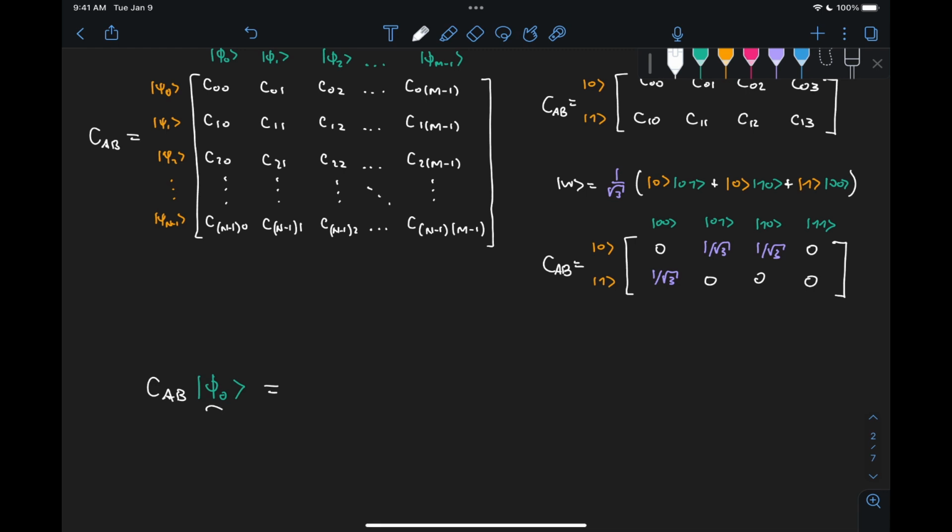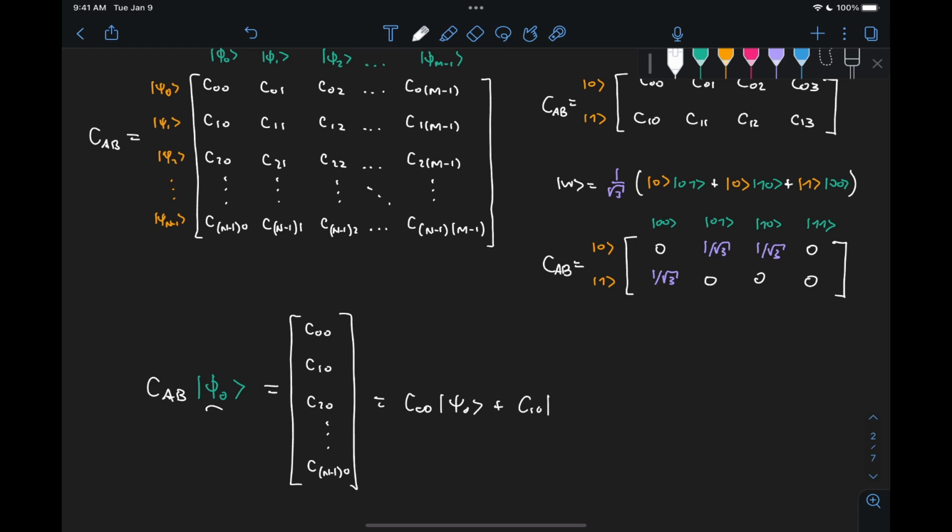So the result of that will be just basically a column vector given by all these different terms right here, which we can also represent as C00 psi 0 plus C10 psi 1, and so on, all the way to C n-1,0 psi n-1.